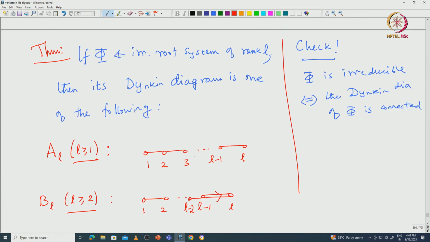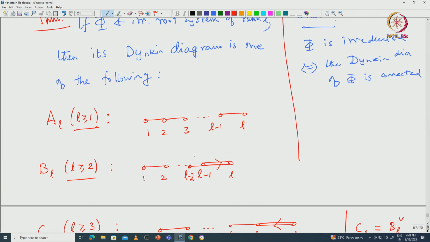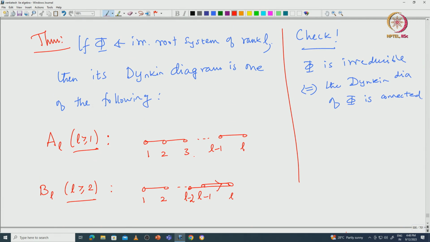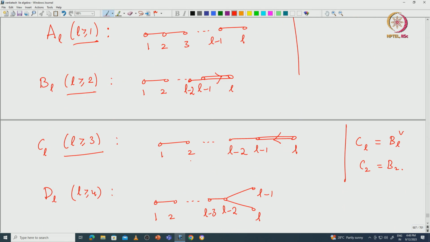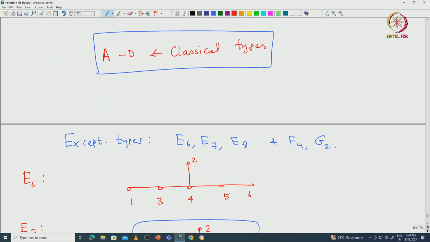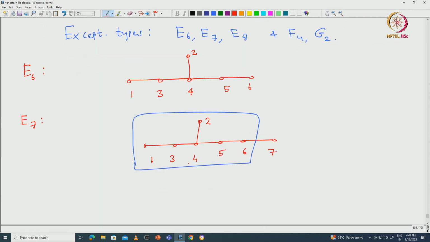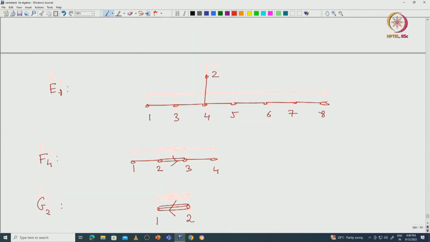We will prove in the next class that the Dynkin diagrams of these irreducible root systems have only the following choices. There are these infinite classes of classical type root systems AL, BL, CL and DL, and these 5 exceptional types E6, E7, E8, F4 and G2.